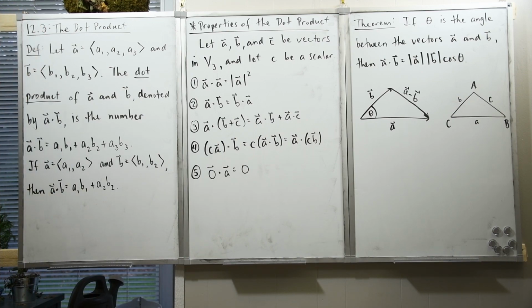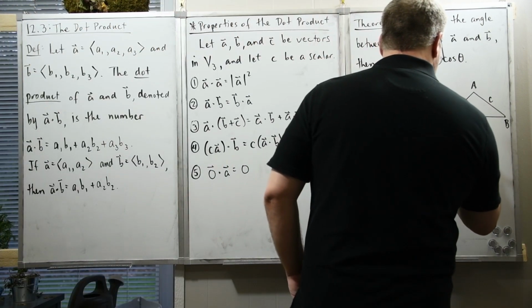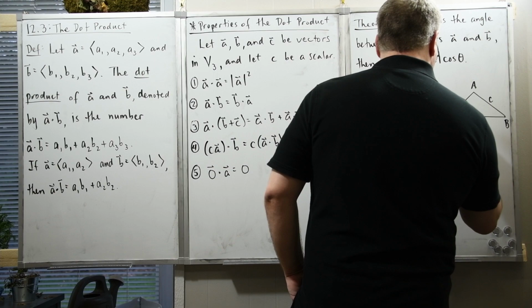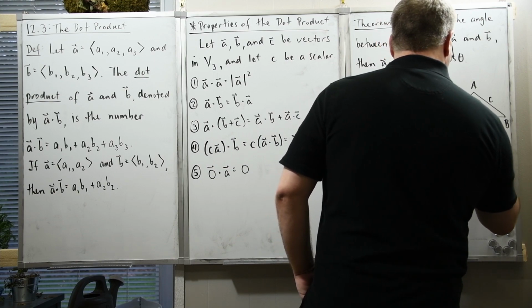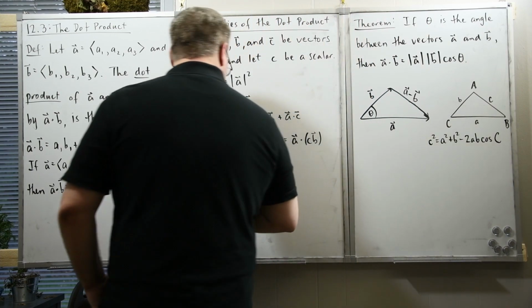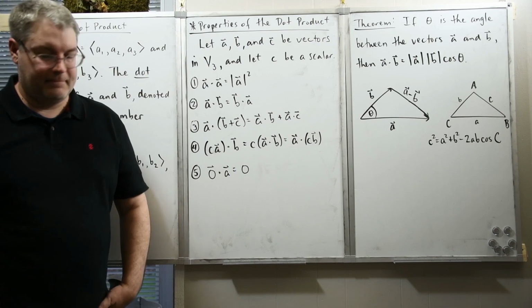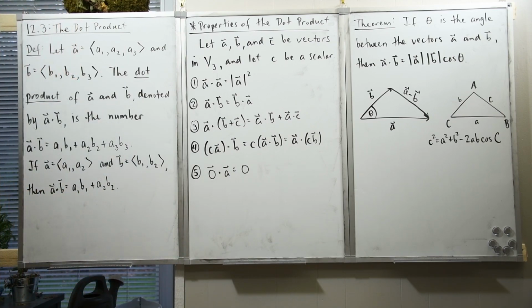And the law of cosines states that c squared, this is going to be little c squared, equals a squared plus b squared minus 2ab cosine of capital C. So this capital C angle is across from the side with length little c. But that's our law of cosines.